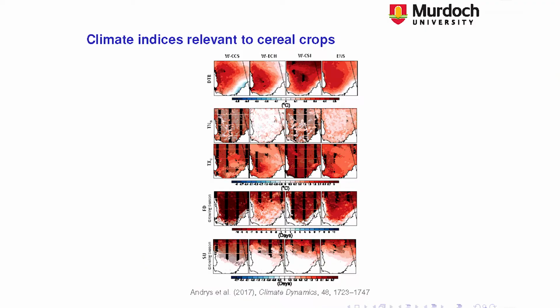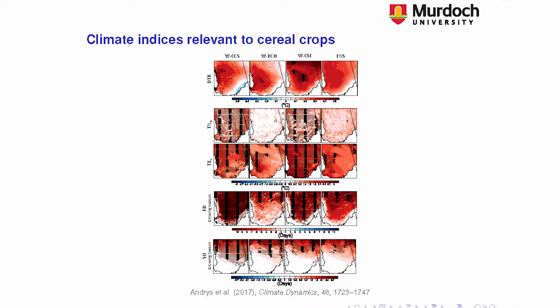Now that you know something about the ability of the model to produce the observed climate, you can look at what's happening in the future relative to what's happened in the past. This is what is shown on this graph, work done by one of our PhD students. Now you're looking at the change.